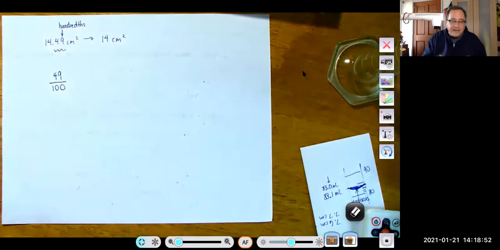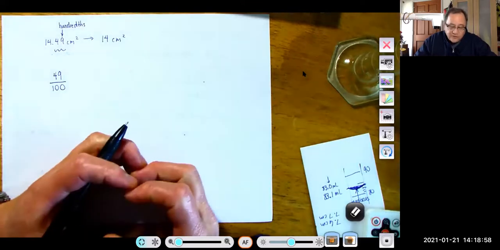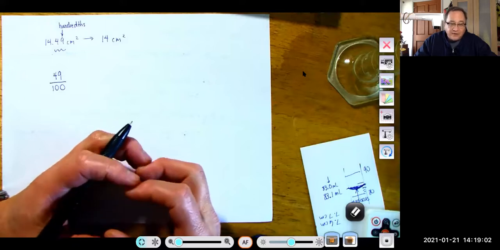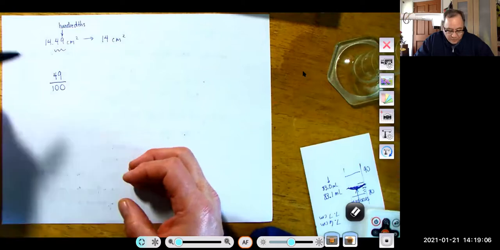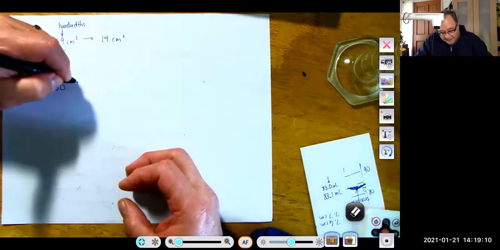That's what that means mathematically. So I'm going to ask you a very simple question. Is 49 hundredths less than half or more than half of 100? Less. 49 is less than half of 100, so you round down.